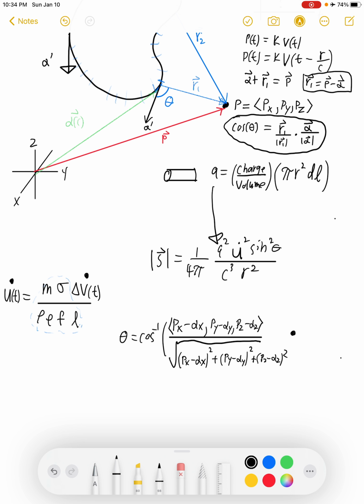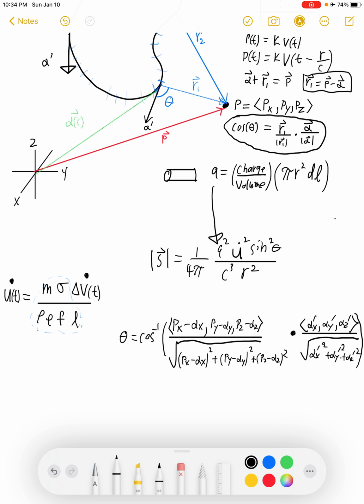All right, dot that with the unit tangent. As we said, just differentiate with respect to your parameter n, and that's alpha prime.